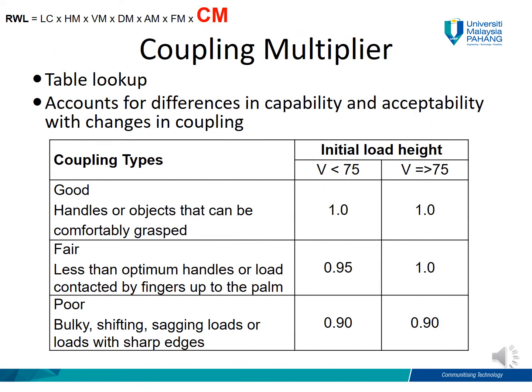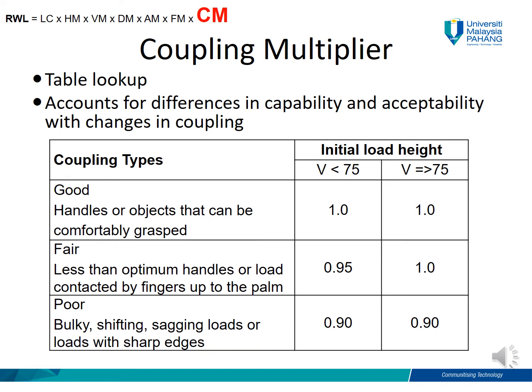This slide is showing the coupling multiplier. Coupling has three types: good, fair, and poor. Good coupling has handles or an object that can be comfortably grasped. Fair coupling means less than optimum handles, or load contact by fingers up to the palm.